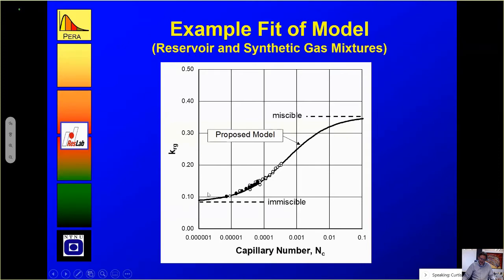You can see this is an example for a KGKO ratio, I'm not sure, I think it's not 1, but maybe 2. All of these points have the same KRG-KRO ratio. I think it's a value of 2. For the different mixtures we would get this, and we basically fit the equation.